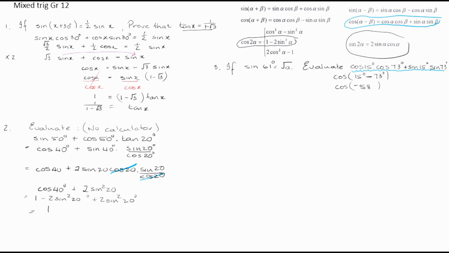Right, and cos of negative 58 is cos of a negative acute angle, so it's in the fourth quadrant, and cos in the fourth is positive. Right, so let's just write in here that this negative here makes it fourth quadrant, and therefore the cos in the fourth becomes positive. Right, so now I don't see a relationship between cos of 58 and sine of 61.